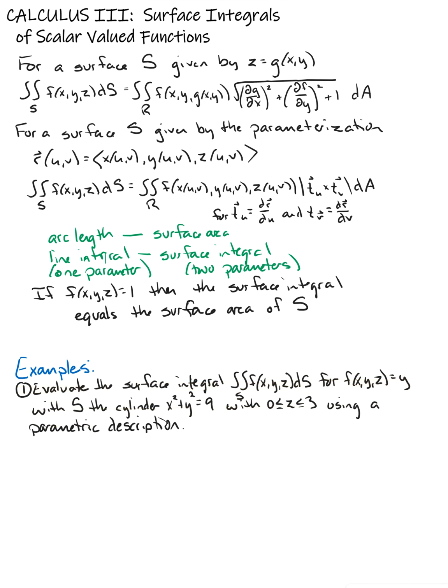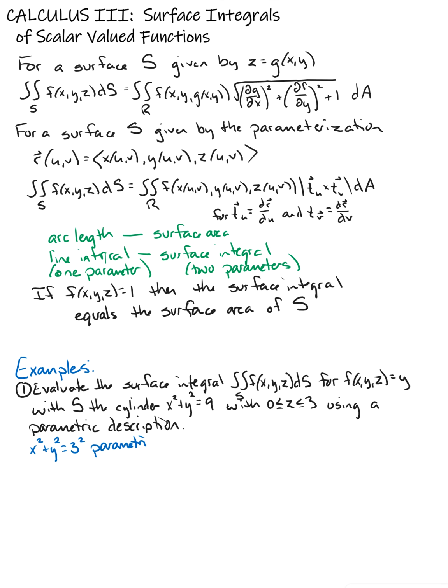So to begin with, let's take a look at our surface. x squared plus y squared is equal to 9, but we can write that as 3 squared to help us with the parametric description.